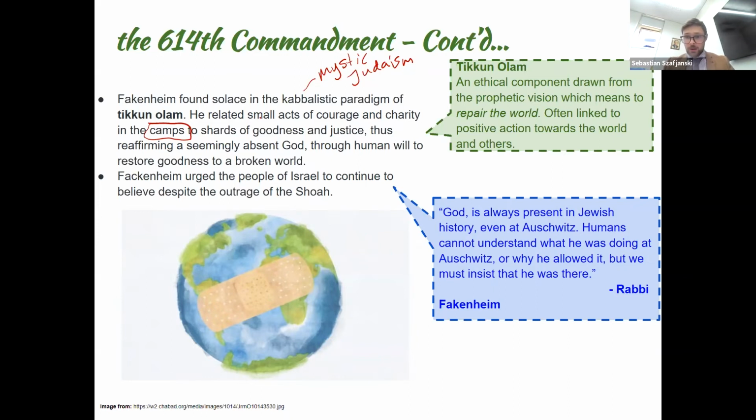We don't know why, he was saying, we don't know why God allowed it, but we must insist that he was there. So that consistent insistence that God was present in that moment, maybe it was to let humanity work its free will. Maybe it was to bring Judaism into a new time, as with the other Hurban, those destructions of the temple that changed Judaism.